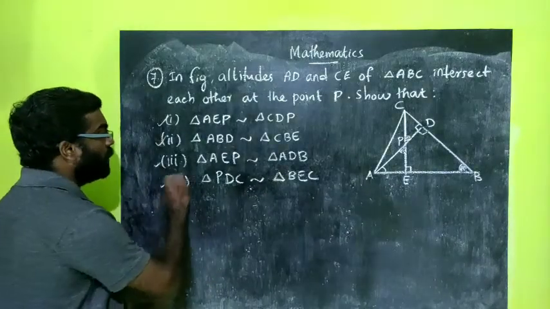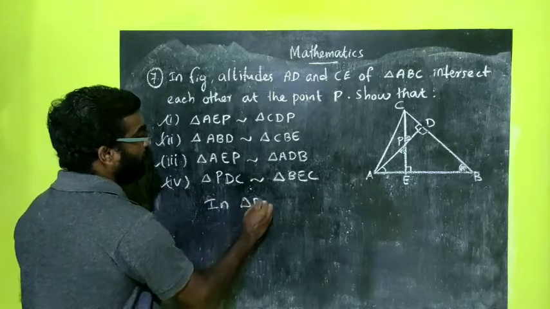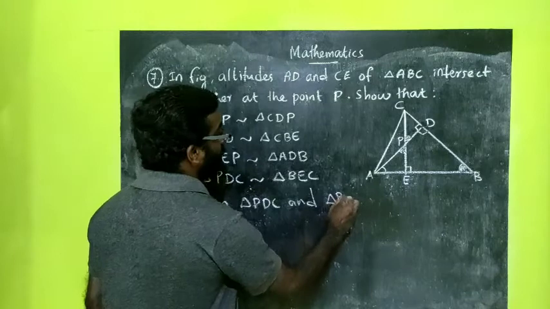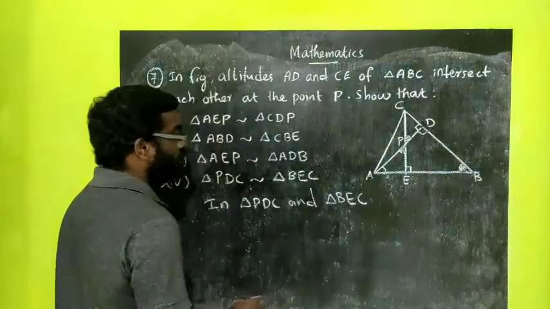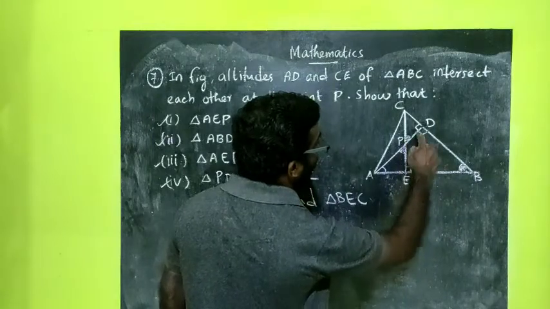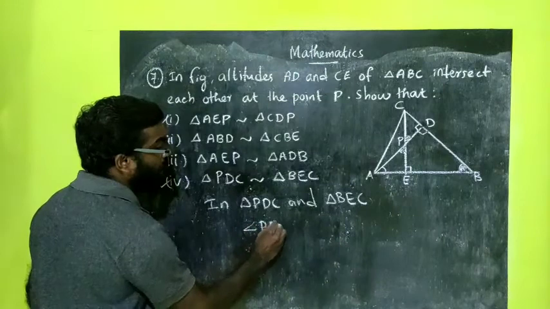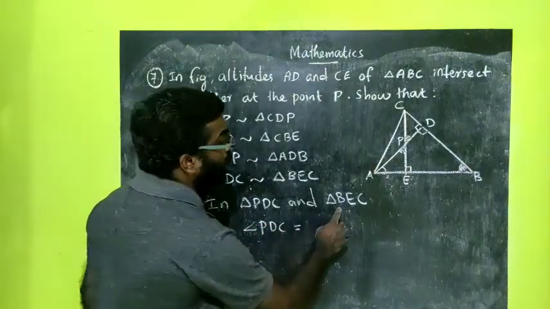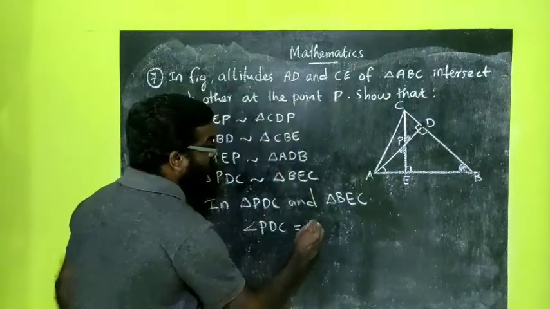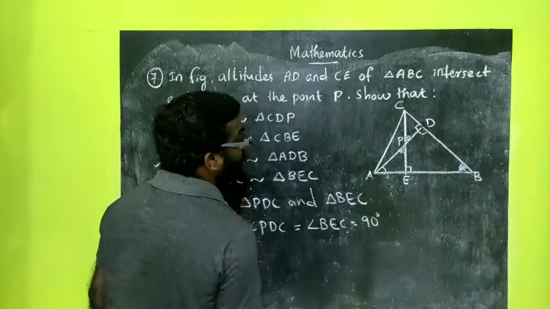And here the last sub question is triangle PDC and triangle BEC. So in triangle PDC and BEC, PDC, this one, here 90 degree, angle PDC is equal to, and BEC 90 degree, angle BEC which is equal to 90 degree.